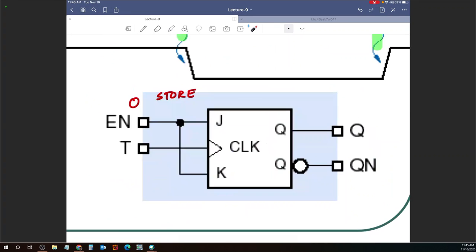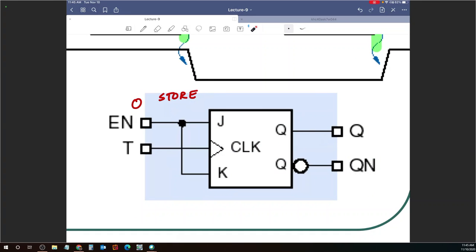Let's come to this. Over here, if enable is 0, then J and K inputs are going to be 0, 0, which means Q plus will be Q. No going anywhere. It is stored. But when EN is 1, what will happen? If EN is 1, we are going to be in the toggle state.